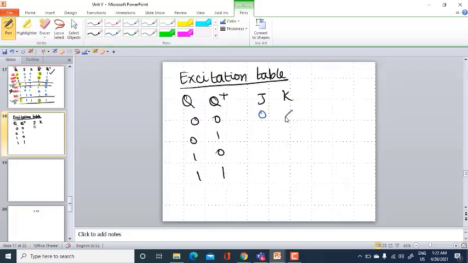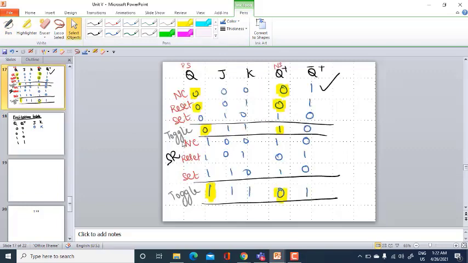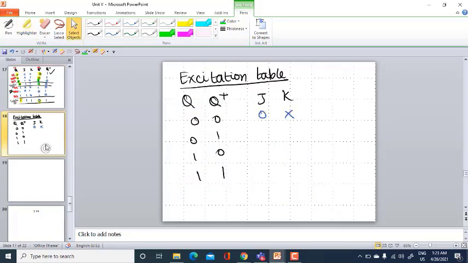So 0 and X. And then for the 0 and 1 combination, in the third and fourth rows, J takes the value of 1, and K takes the value of don't care. So that is 1 and X.